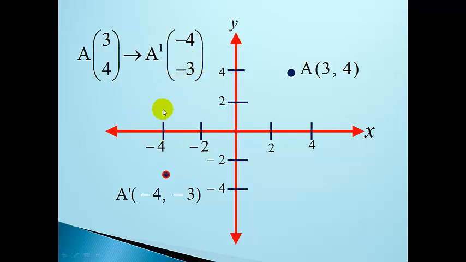So this is the point, the image A prime, minus 4, minus 3, the image of the point A, 3, 4.